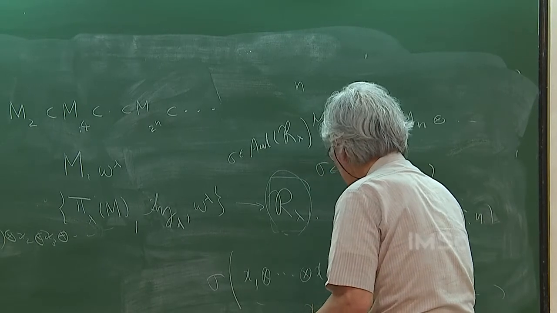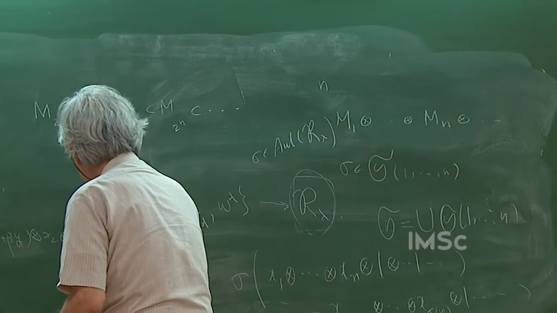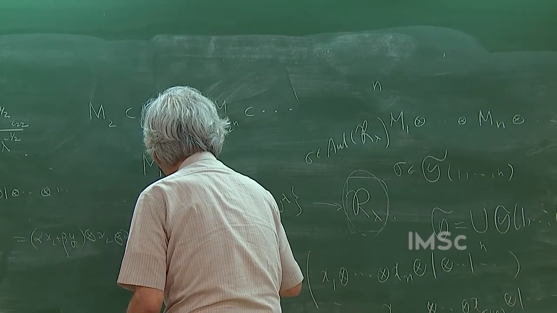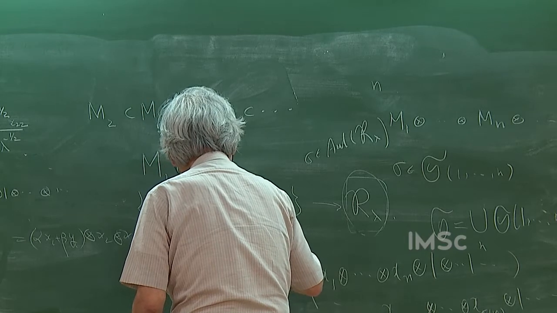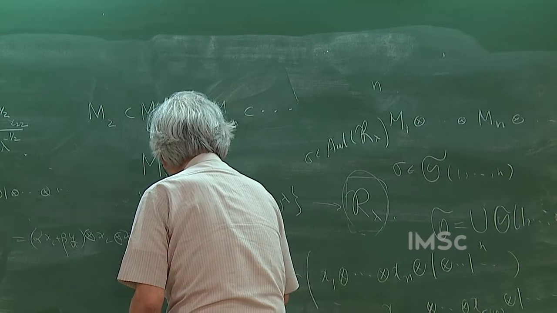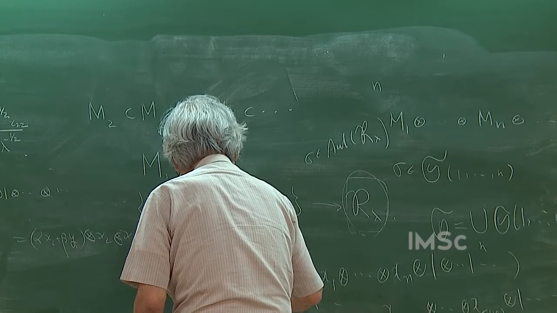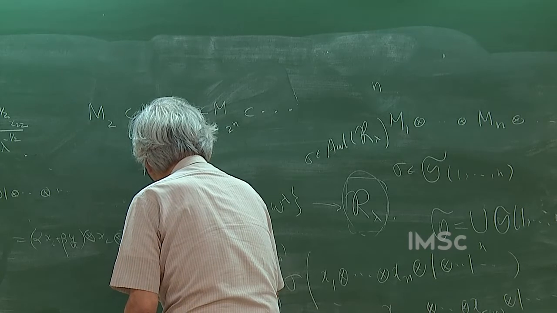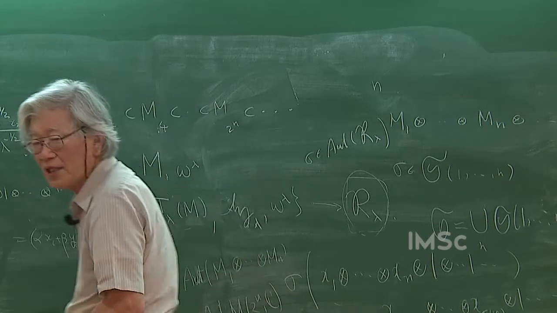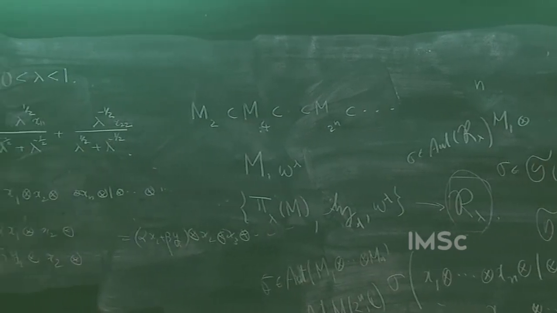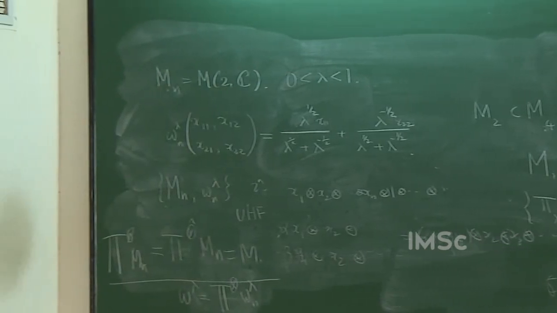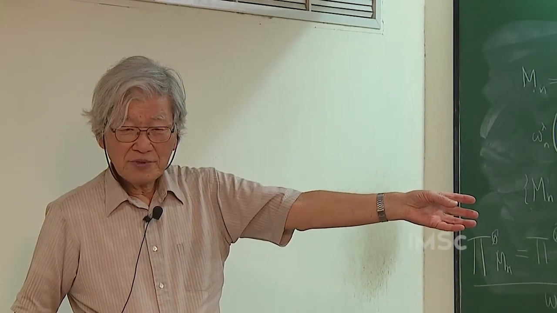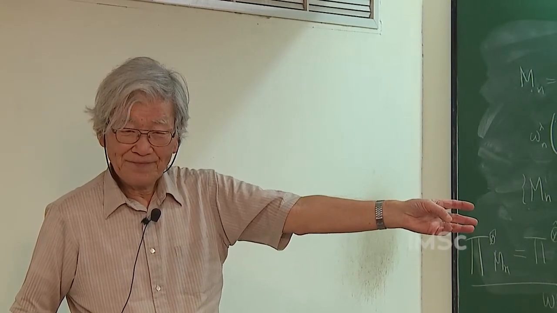At the same time, what is this? In this case, sigma belongs to the automorphisms of M1 tensor through Mn, which is M of 2 to the n, that is, the 2 to the n by 2 to the n matrices. Every automorphism is inner there.